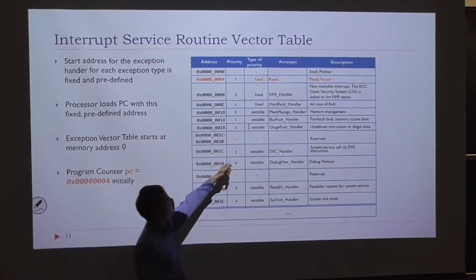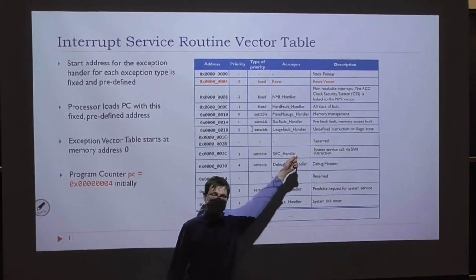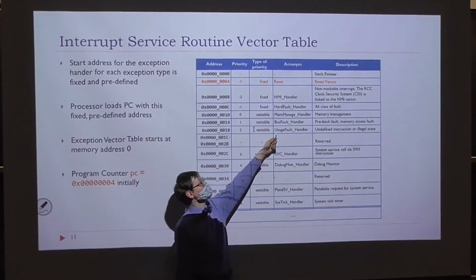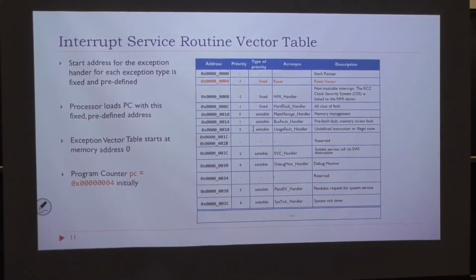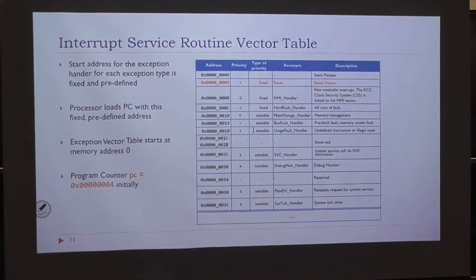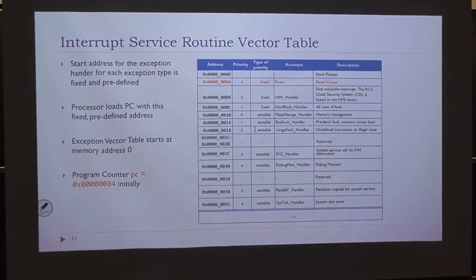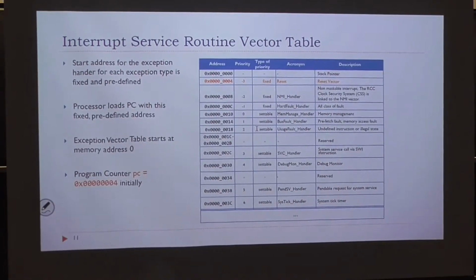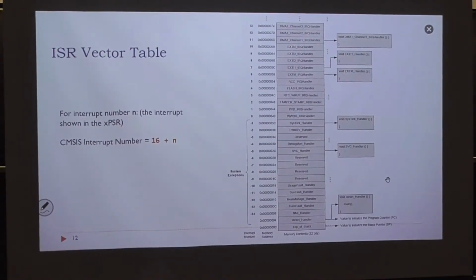You can see, like, the hard fault handler and memory management handler, like seg faults, are in these. I don't expect you to memorize all of them because there are 256 of them.